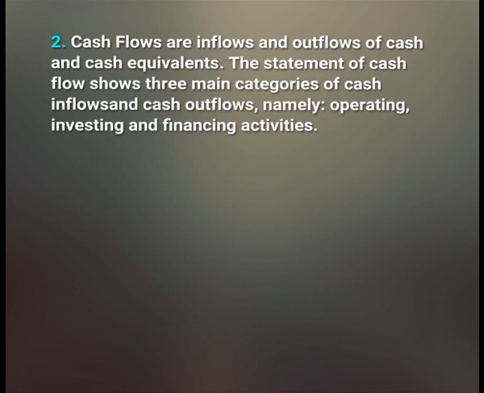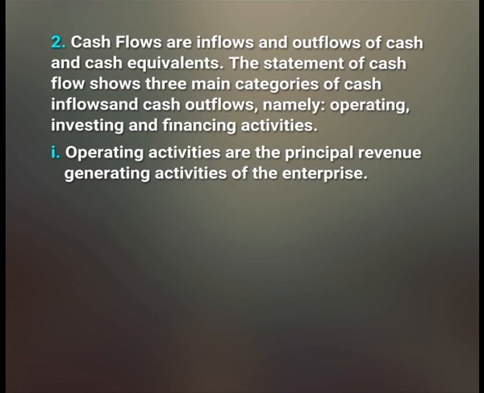The statement of cash flow shows three main categories of cash inflows and cash outflows, namely operating, investing and financing activities. The first one is operating activities. Operating activities are the principal revenue generating activities of the enterprise.